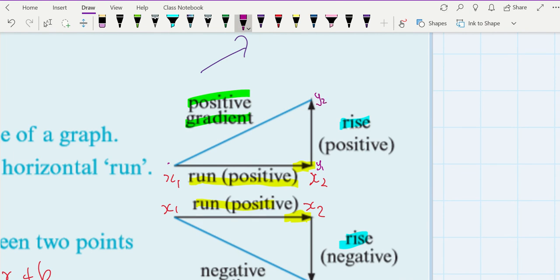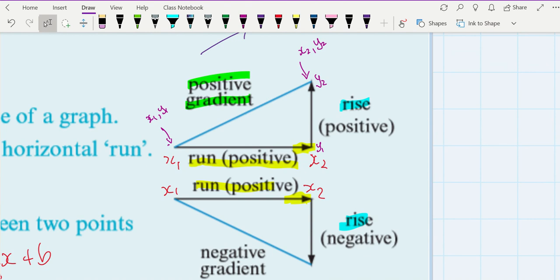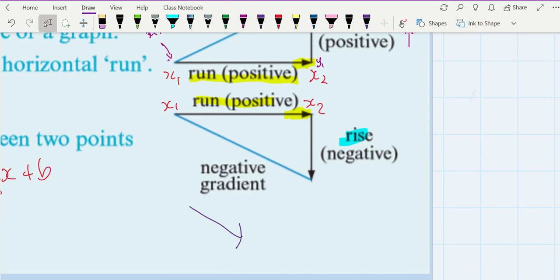So we can see that we've got two sets of coordinates. So this point we would actually just say is x1, y1. And this point here is going to be x2, y2. And that's going to be a positive one because you can see that we're going uphill.